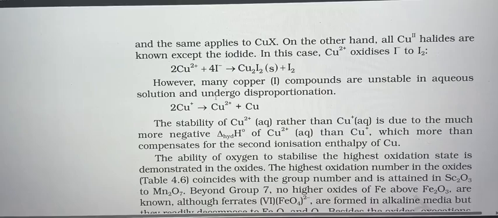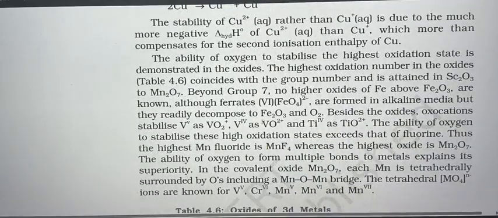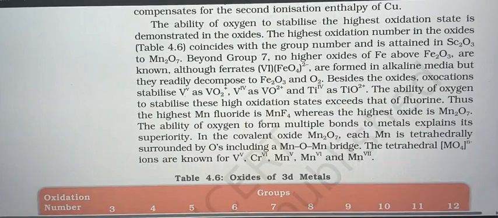So this Cu plus will be like, I want to become stable, so it will get into this state where copper also is stable. This is also little stable because it has released energy because of more negative hydration enthalpy. Hydration enthalpy is always negative because energy is being released.